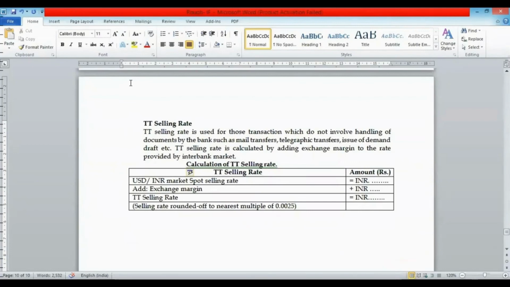So for buy low, that means the rate should be low, we deducted the exchange margin. And for sell high, that means now we are selling, we have to add the exchange margin. And whatever we get will be rounded off in the multiple of 0.0025, and that will be your real TT selling rate.